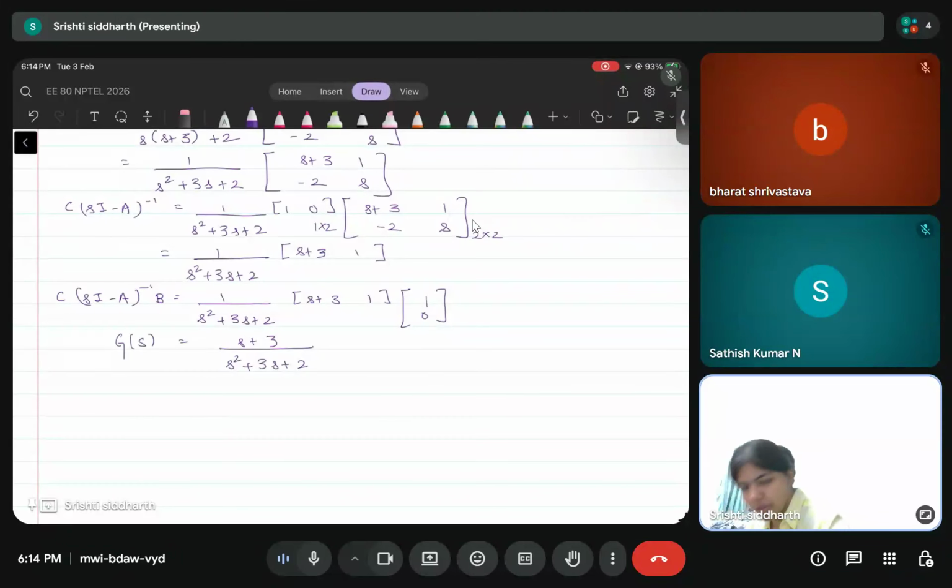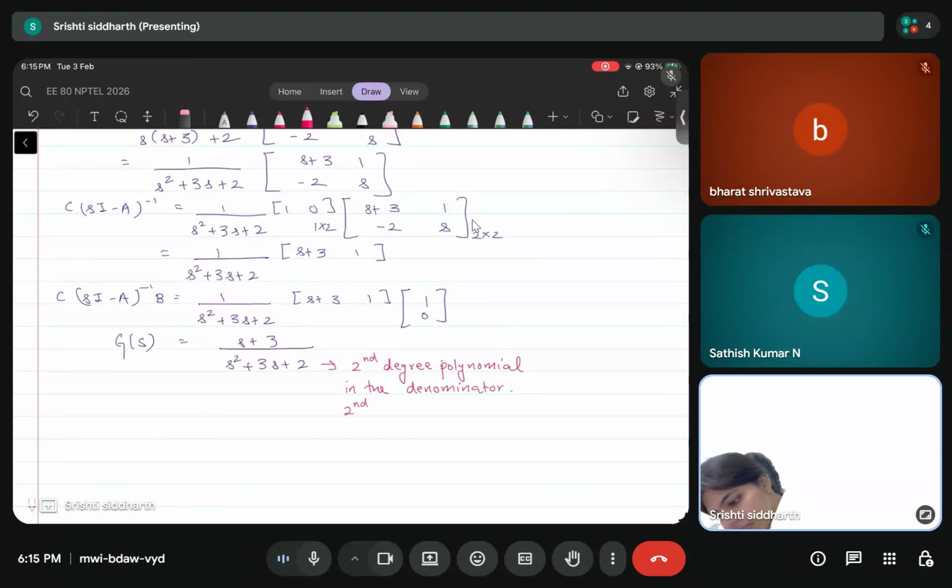So this is the transfer function of the system. Observe that we have a second degree polynomial in the denominator. We also have a second order system because the matrix A is of size 2 by 2.